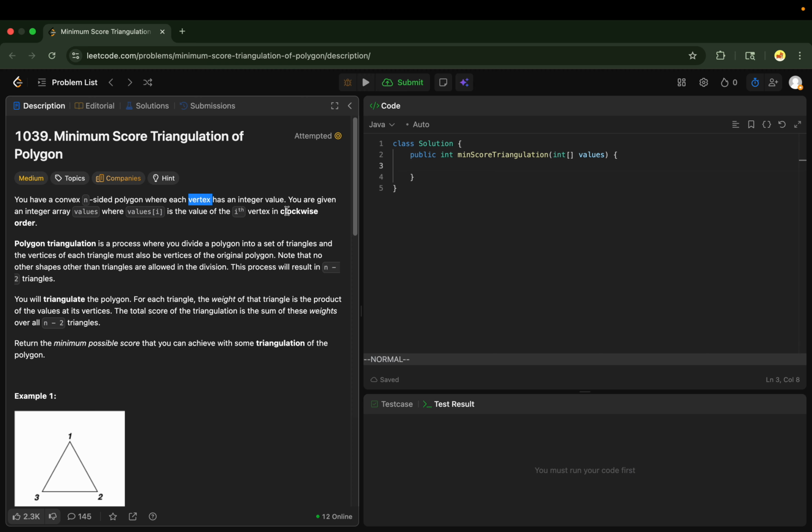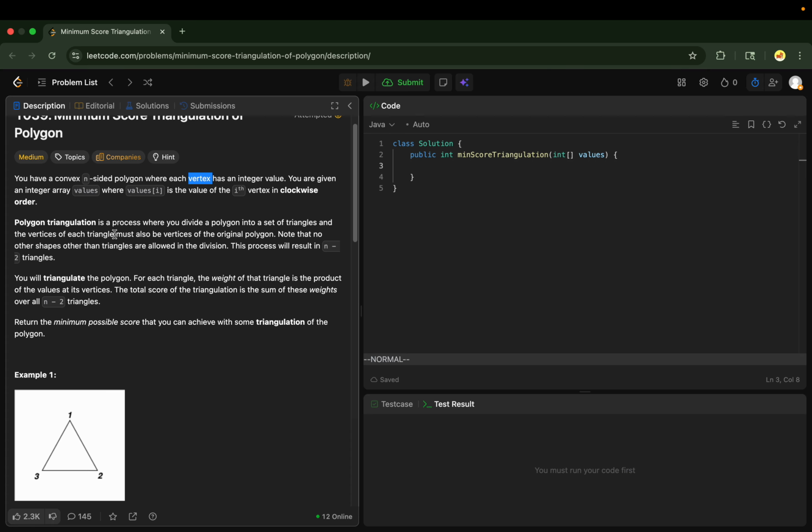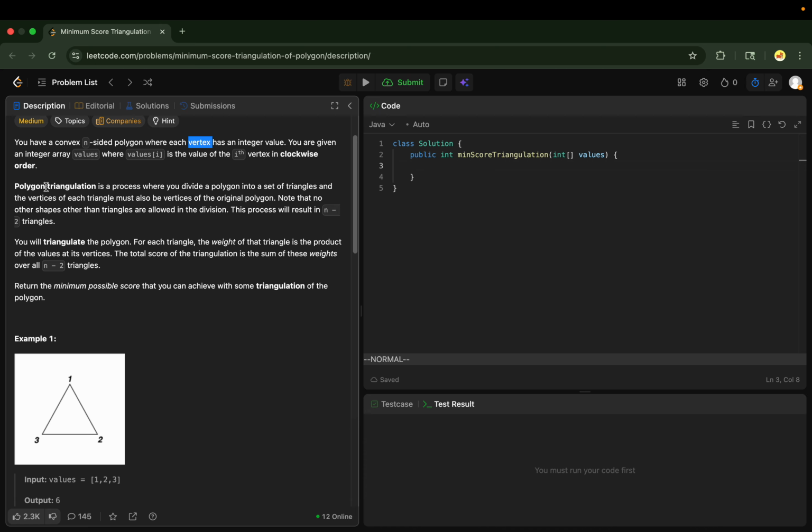You are given an integer array values, where values[i] is the value of the i-th vertex in clockwise order.